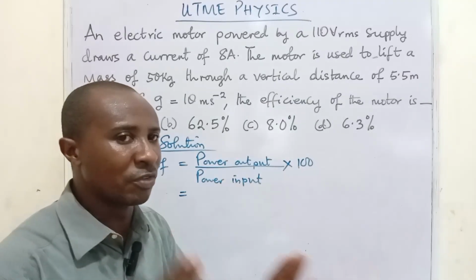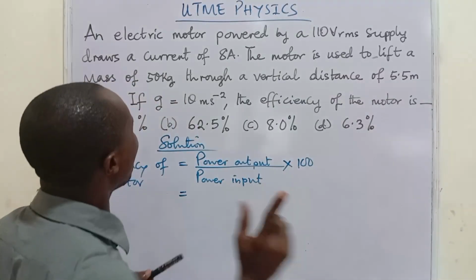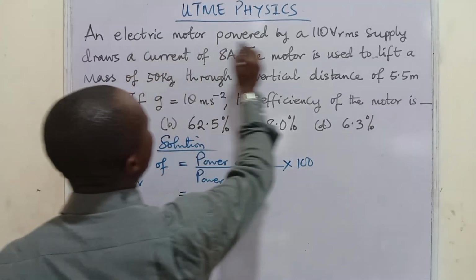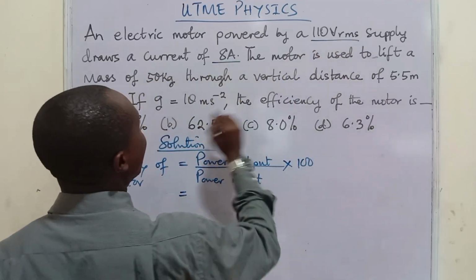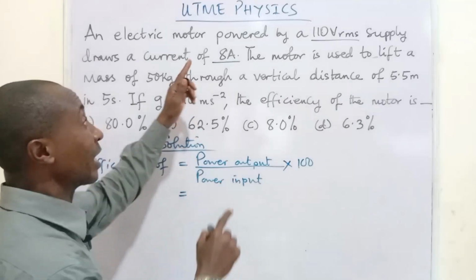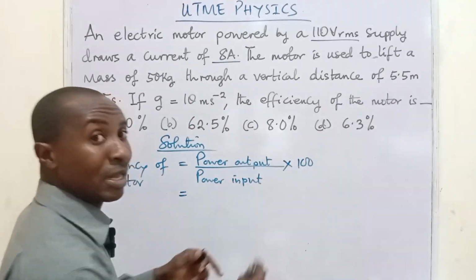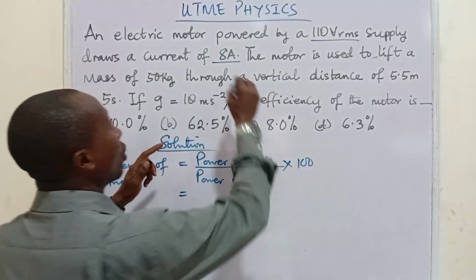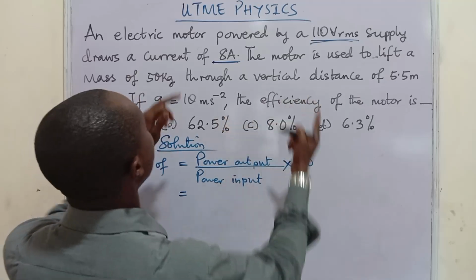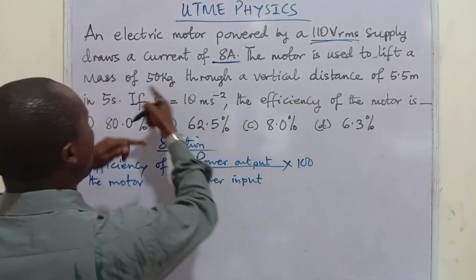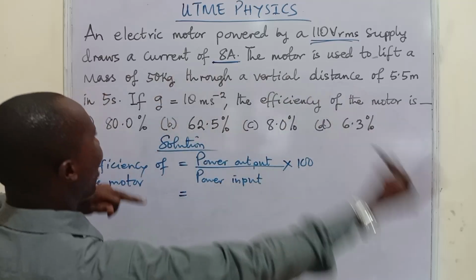So please take note of the difference. Now, remember that this electric motor is supplying us this and that. Our input from the electrical mains is supplying us this and that. That's our power input.